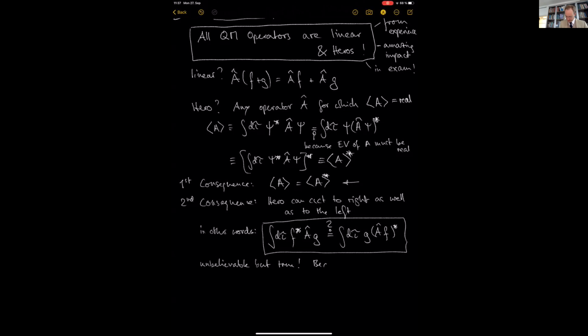Consider the following. Let some function psi be f plus c times g, where c is again some arbitrary constant.